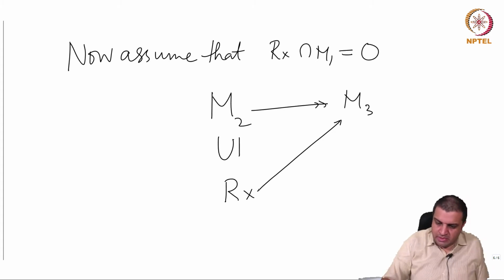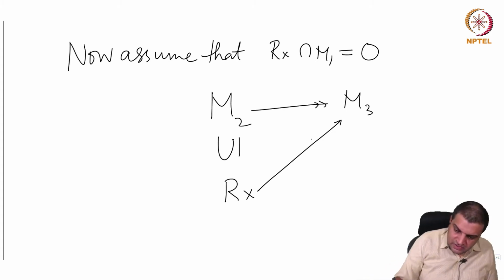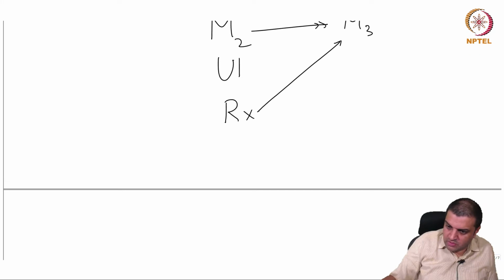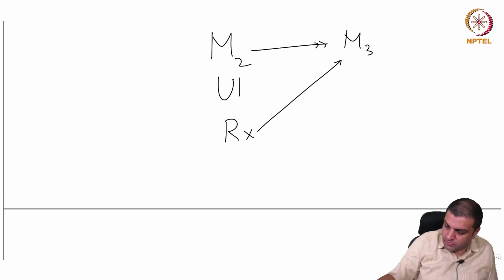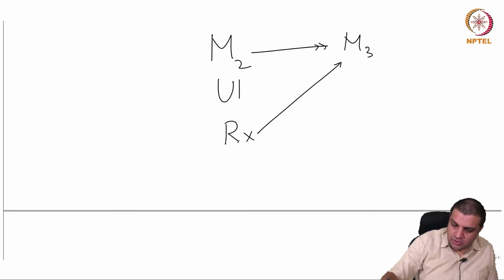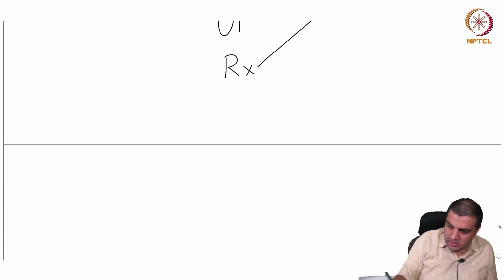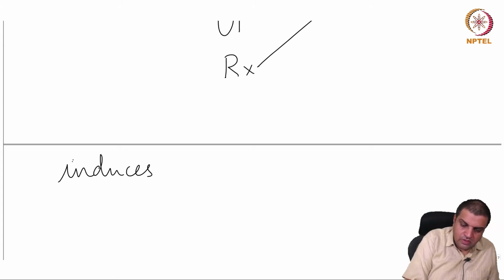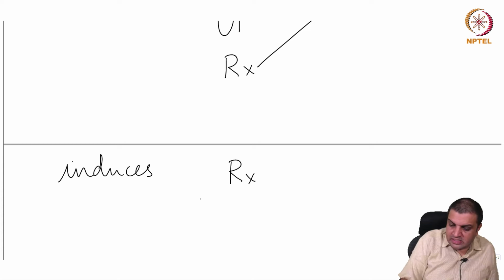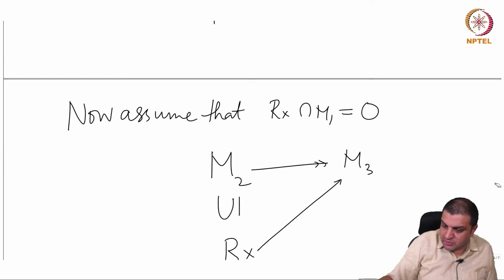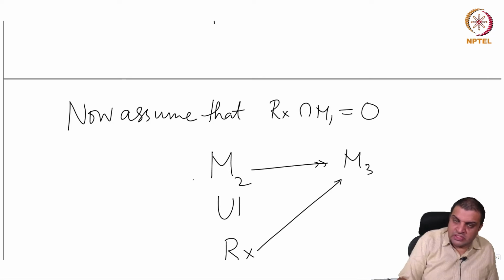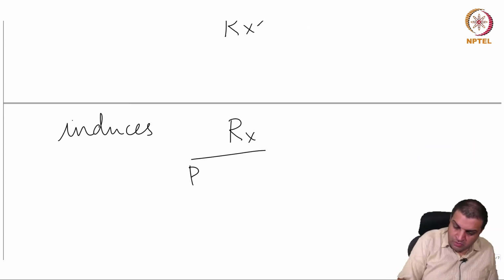What is the nature of this map? Well, this is R-linear, this is R-linear, so we get an R-linear map from Rx to M3, a composite. This induces a map on Rx. So remember, the kernel of this surjective map is M1. So Rx modulo Rx intersect M1 injects into M3.